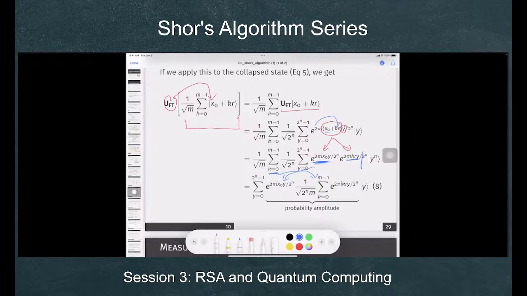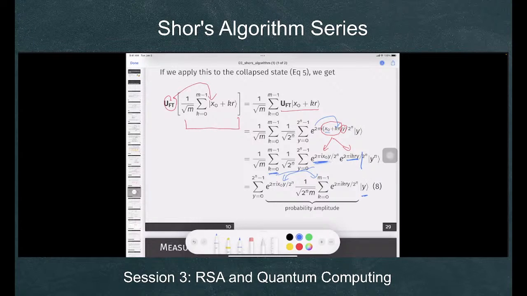Now what you can see is that this is nothing but a summation, or a superposition, of all values of y from 0 to 2 to the n minus 1.